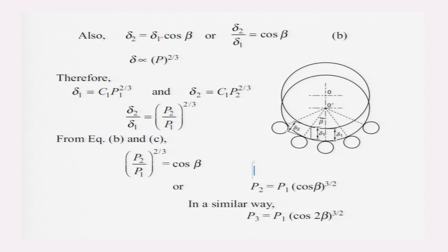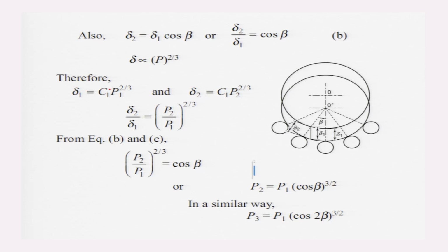And also delta 2 is equal to delta 1 cos beta, and so we have delta 2 divided by delta 1 is cos beta, and delta is proportional to P to the power 2 by 3. Therefore, this proportionality is converted into equality by having a constant of proportionality equal to C1.